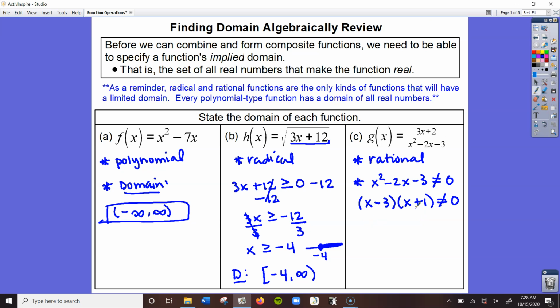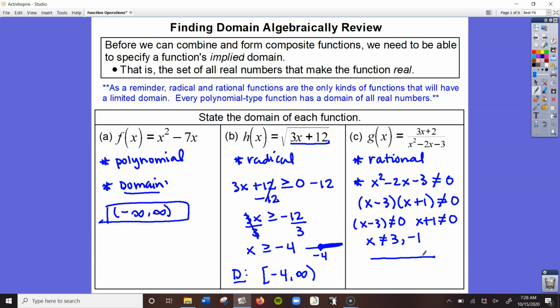So now once you have your factors set up, you would set each individual factor not equal to 0, and then we solve for each one individually. So for the first factor, I would have to add 3, so x cannot equal positive 3. And for the second factor, I'd have to subtract 1, so x cannot equal negative 1.